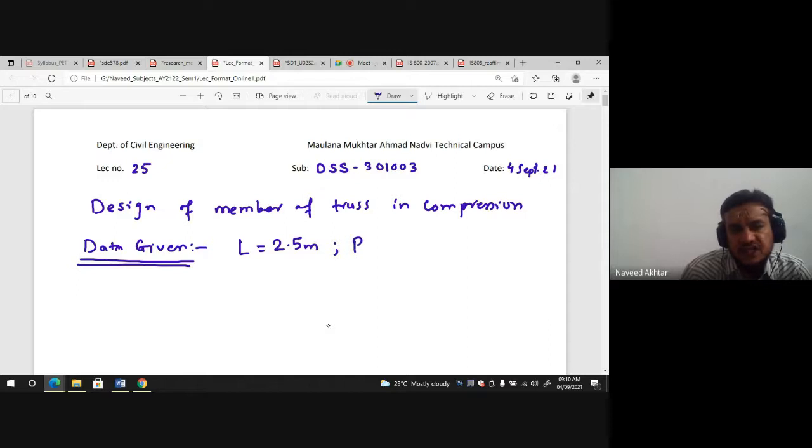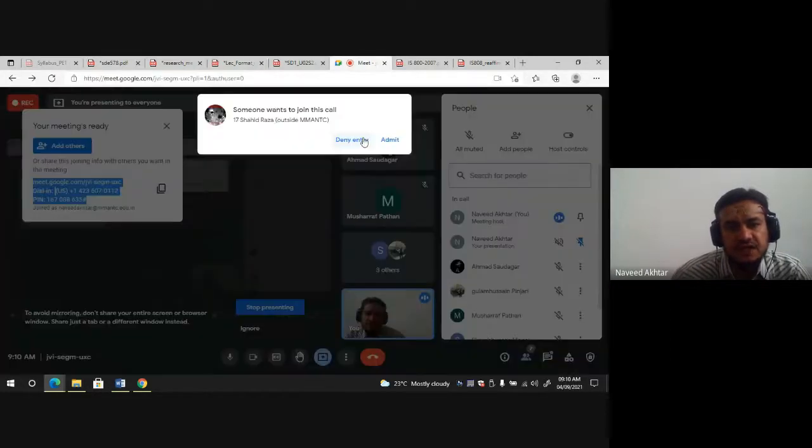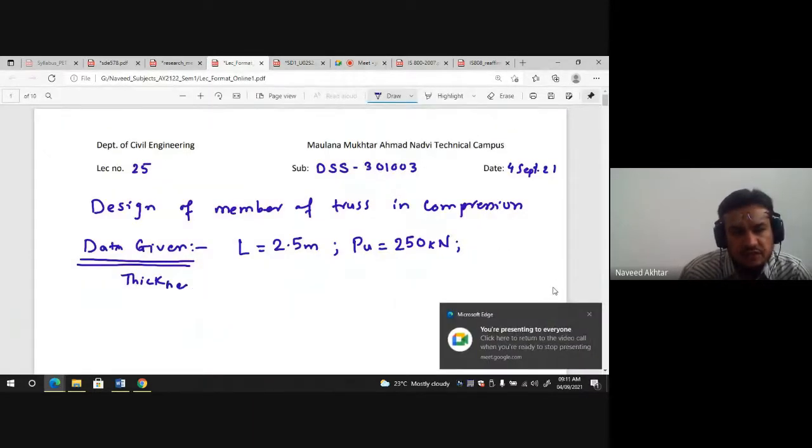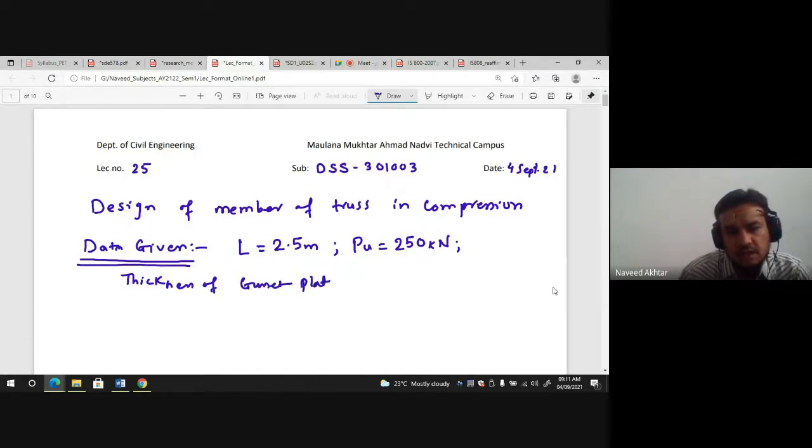The factored axial load Pu is given, 250 kilonewton, and the thickness of gusset plate is equal to 8 mm.